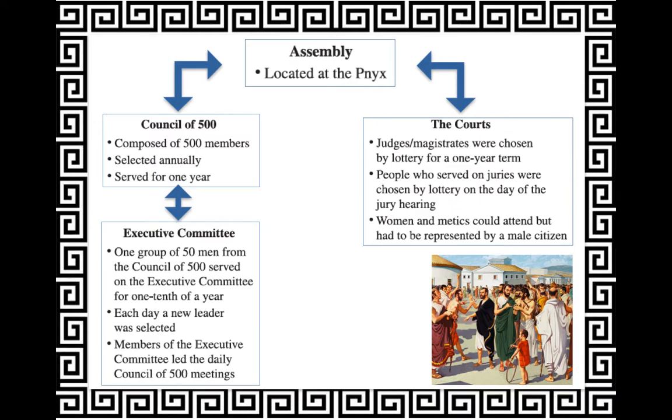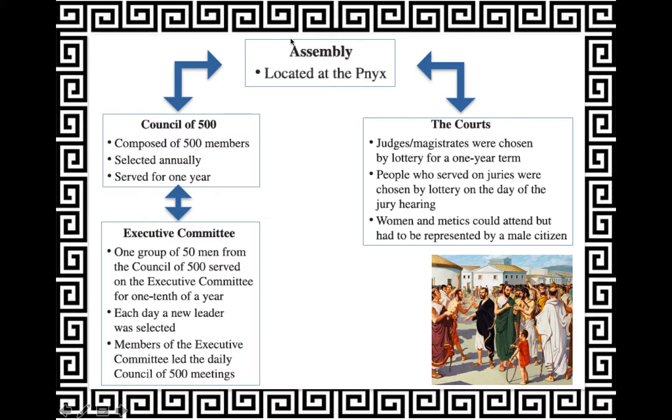Let's just recap some of the parts of ancient Athens that we have been talking about. So we have the assembly, and the assembly is where we've got about 6,000 male citizens that meet about 40 times a year to discuss issues and concerns and to debate things that are going on in Athens.